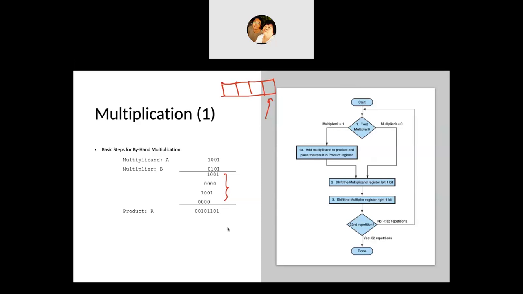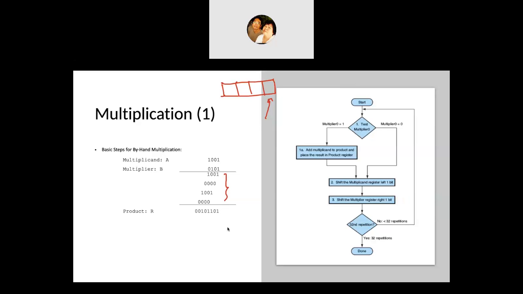We add the multiplicand to the product and place the result in the product register. Next, what is the next step here? We shift the multiplicand register left 1 bit and shift the multiplier register right 1 bit.